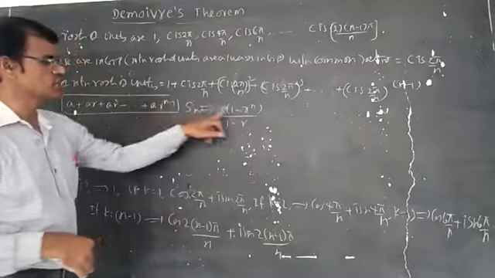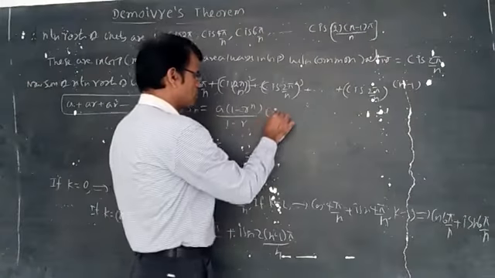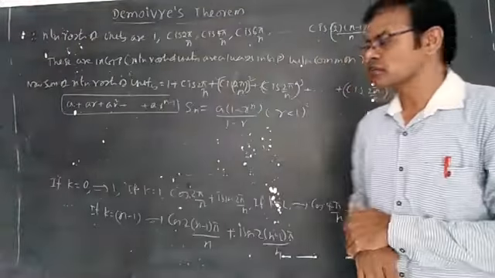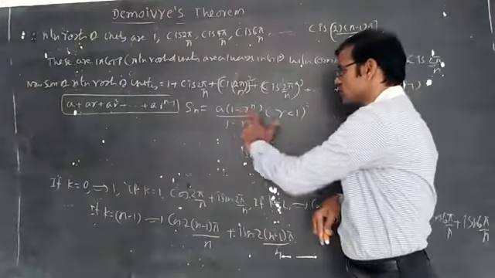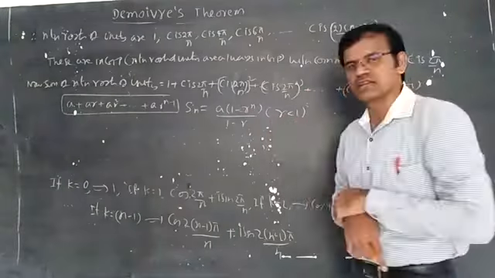Here n minus 1 is there, so you get r power n. That is for r less than 1. If r is greater than 1, you know it is a into r power n minus 1 by r minus 1, but here it is 1 minus r power n by 1 minus r. Why did you write r less than 1? Here we are discussing nth roots of unity.